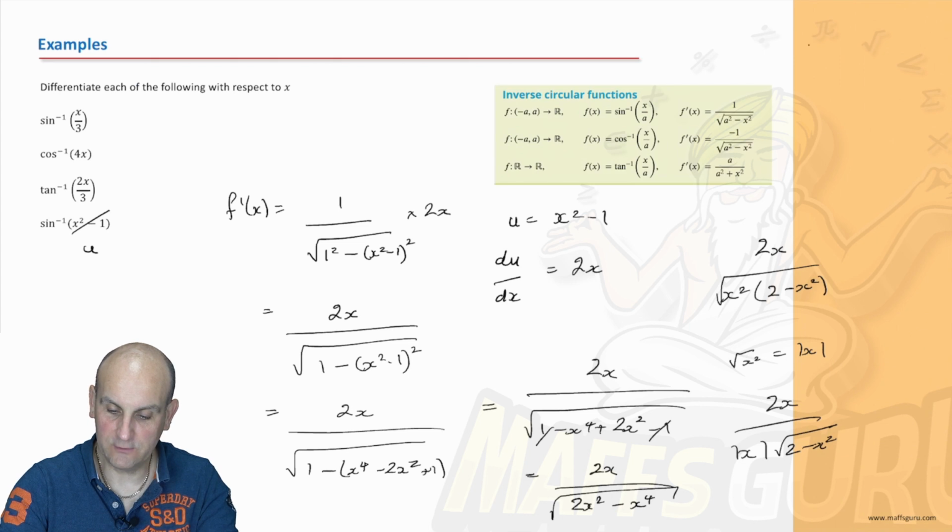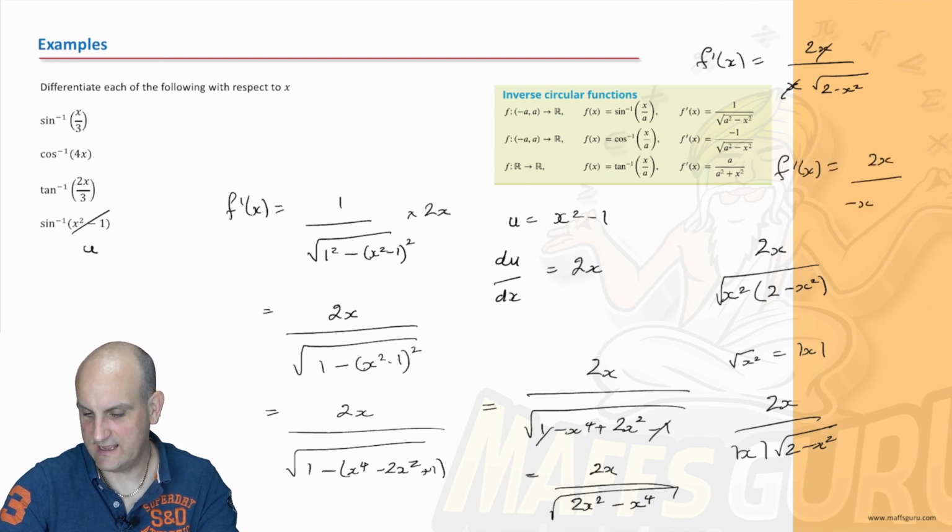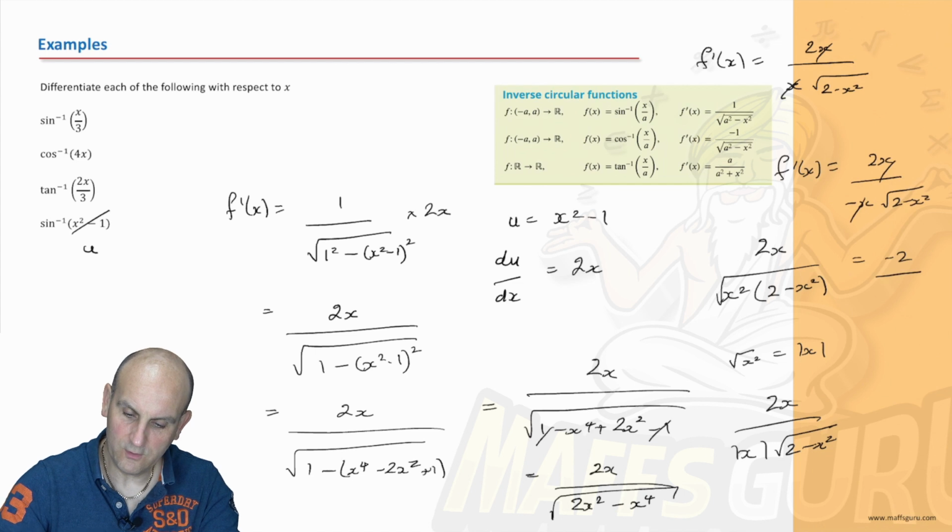So that can be 2x on x root 2 minus x squared, well, in which case the x's cancel. That's one of my differentials. And then the other one would be 2x divided by negative x root of 2 minus x squared, and again that would then be minus 2 on the square root of 2 minus x squared.